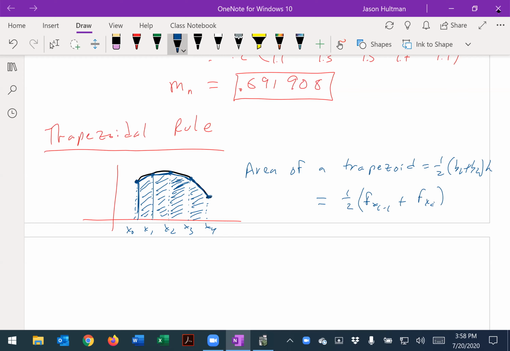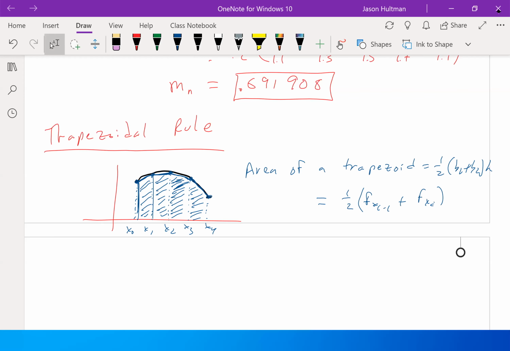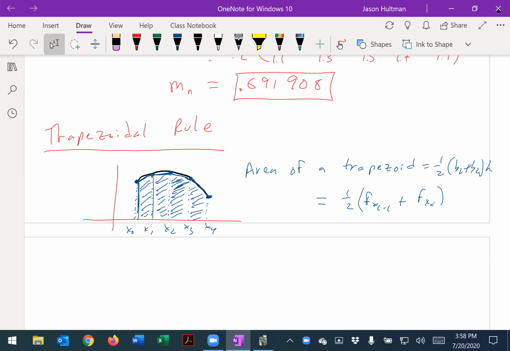The height of the trapezoid is really delta x. If I were to flip that trapezoid on its side, the heights of the trapezoids are always the same. Each height is the same for each of these trapezoids.